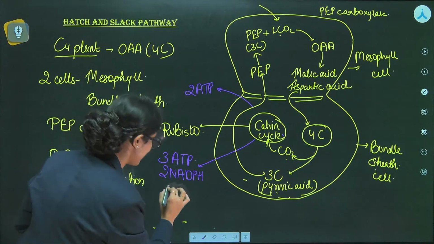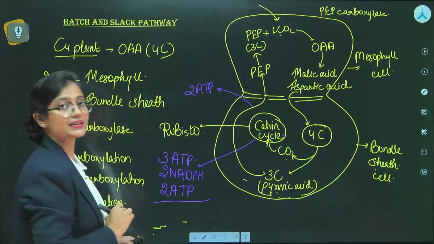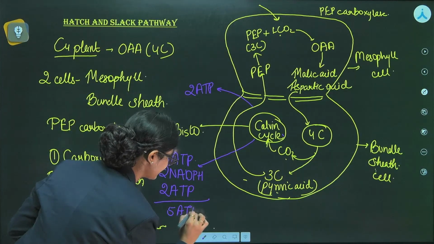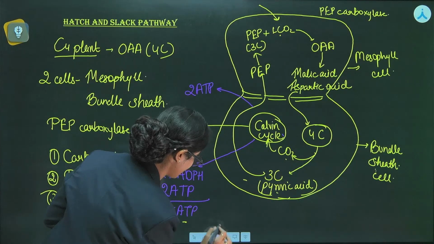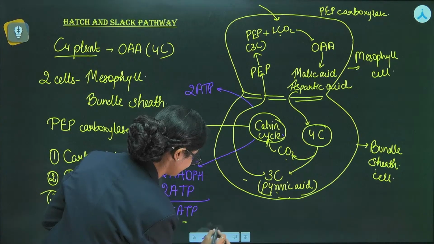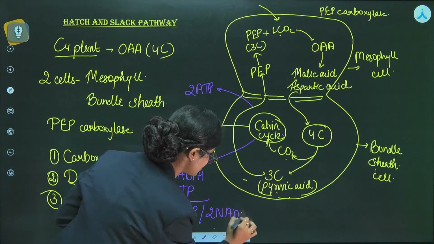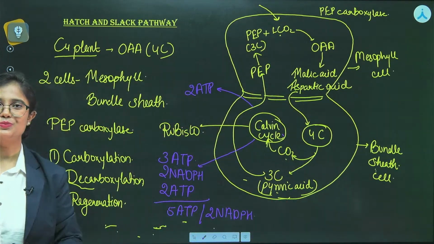So if we talk in total, in the Hatch and Slack pathway, 5 ATP along with 2 NADPH are required for fixation of a single CO2 molecule.